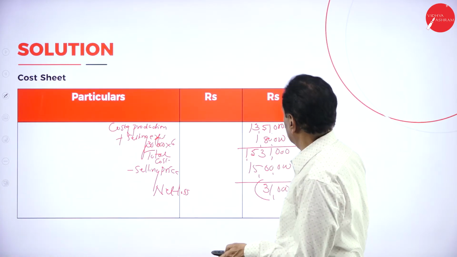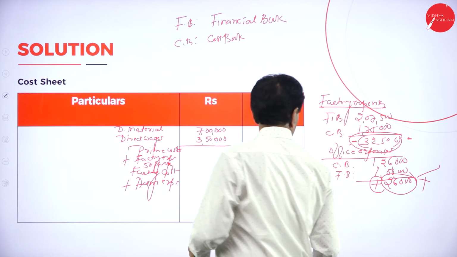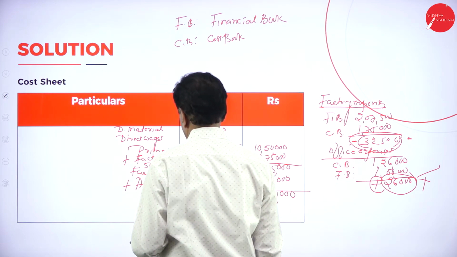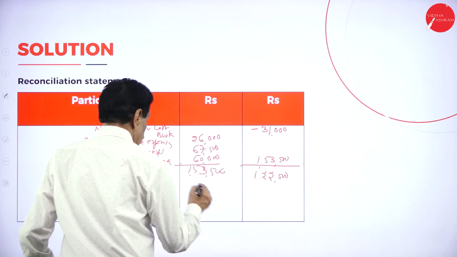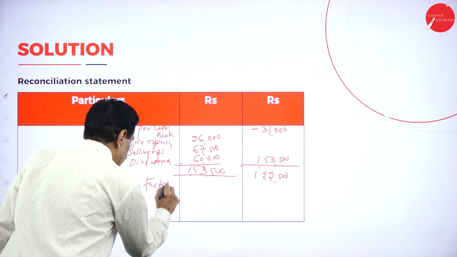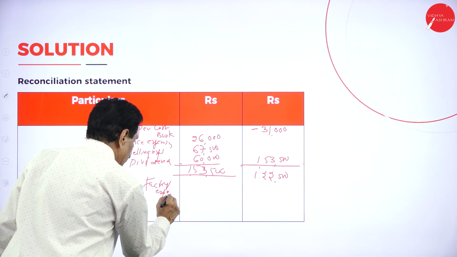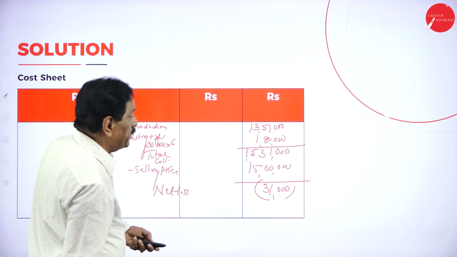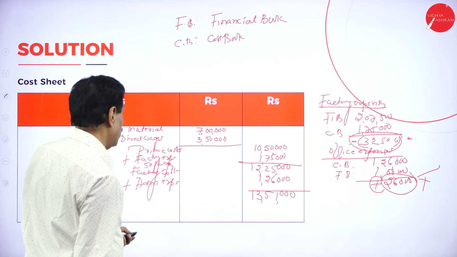Come back to less. Your less is factory expenses. How much is factory expenses? 32,500.